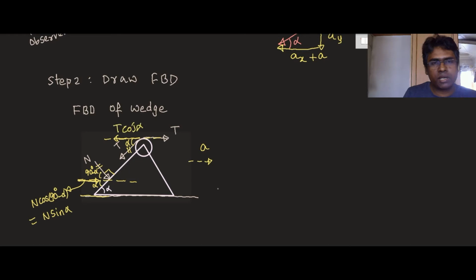Now the right direction is dominating clearly because the wedge is moving to the right, so I'm going to take the right side as positive. If I apply Newton's second law, that's our step 3. So our step 3 is apply Newton's second law. Keep in mind steps 1, 2 and 3 are very important.